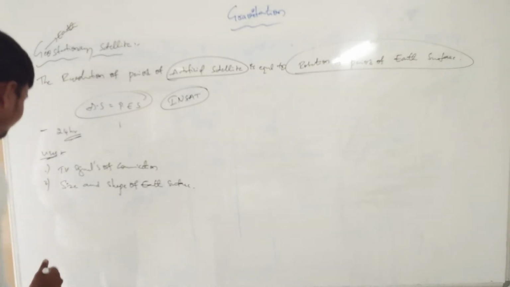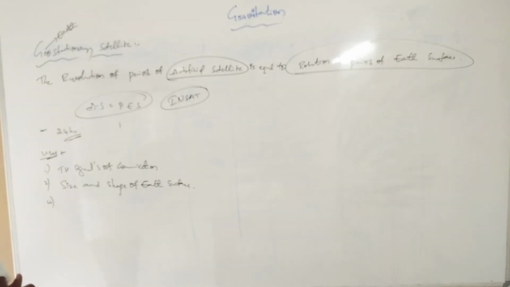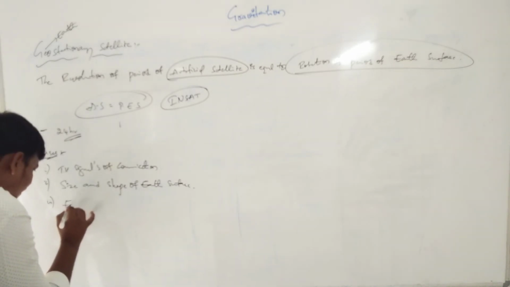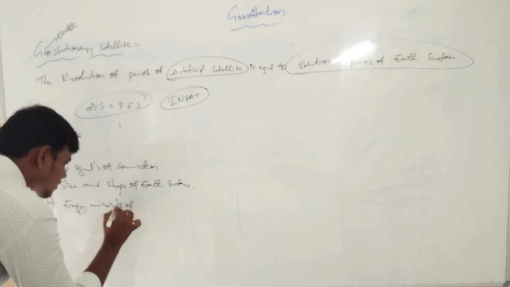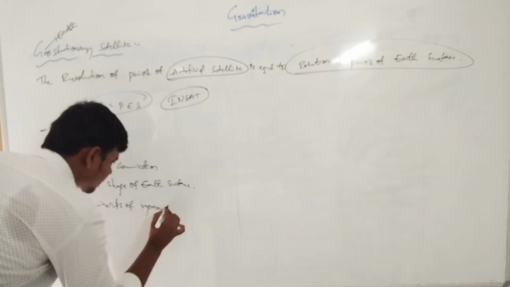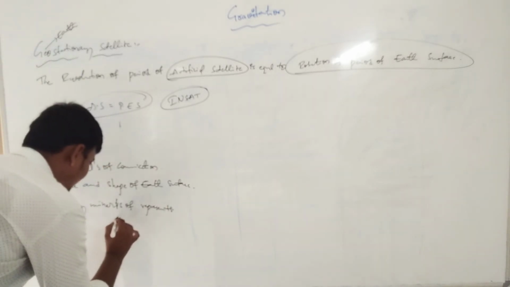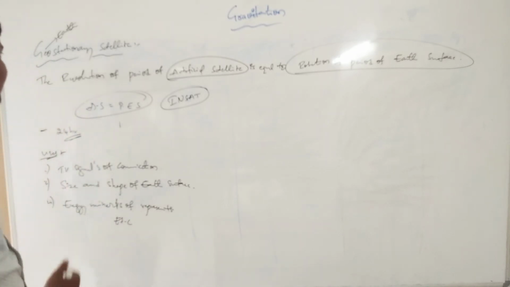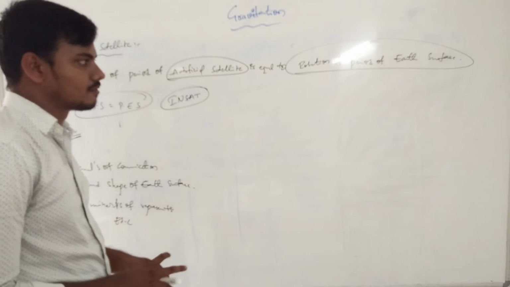Now the next one: energy minerals. Okay, this is applicable, and we can use it for some other things too. Clearly, a geostationary satellite means the revolution period of the artificial satellite is equal to the rotation period of the Earth's surface.